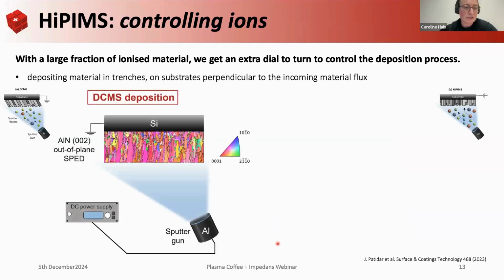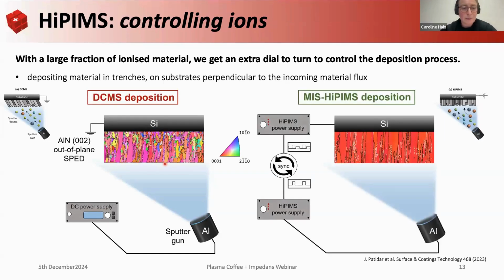So if we look in detail, this is what the structure of the film looked like, or the orientation of the grains for DCMS, so a continuous bias with few ions available to actually control. And so it's quite polycrystalline, right? We have grains that are differently oriented here.